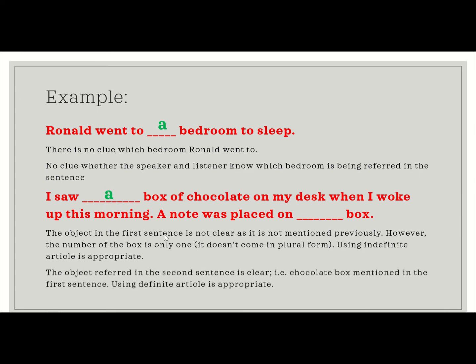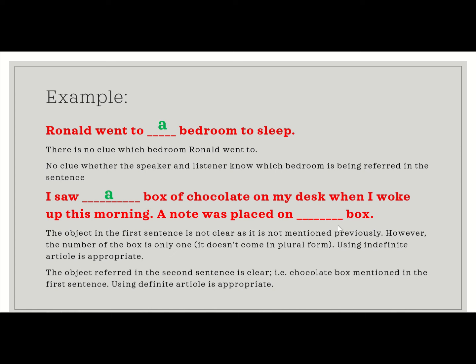But in the next sentence, a note was placed on the box. The box in this sentence has been mentioned in the previous sentence. Therefore, the box here refers to the box from the previous sentence. It means that we know which box the author referred to. And also, this is when I mentioned examining the context.